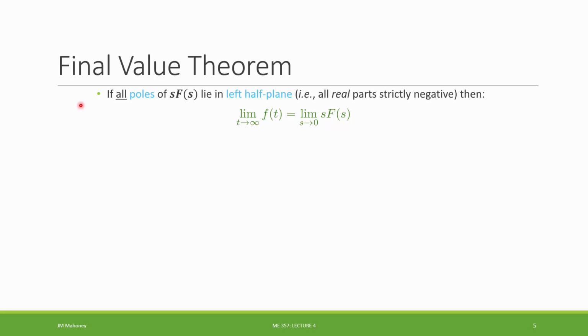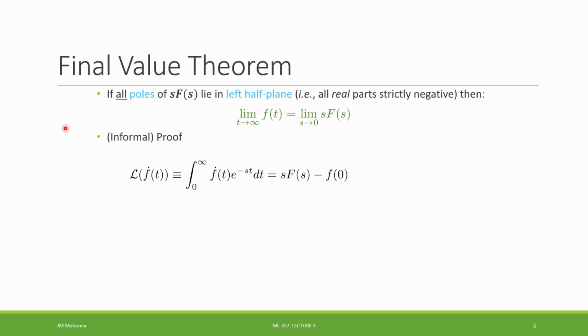That is to say that this is true based on the poles of s times F of s. Then we can apply the theorem in green. So let's go through a quick, what I'll call informal proof, not using the strictest mathematical rules here, but I just want to prove that this theorem in green is going to be the case.